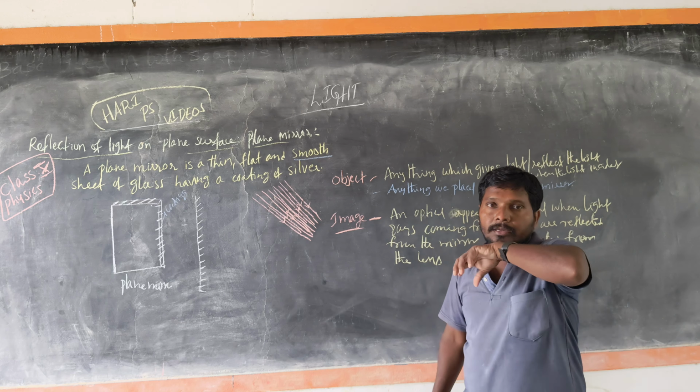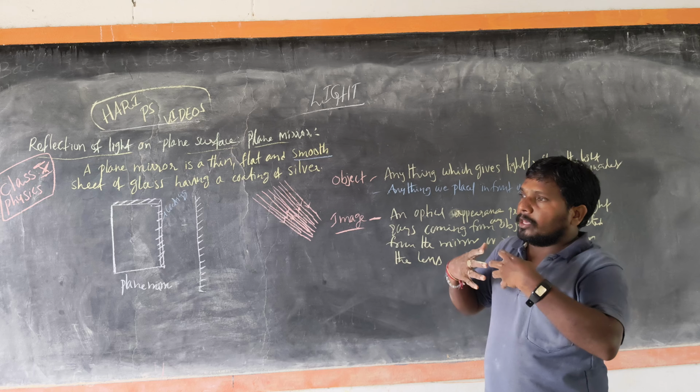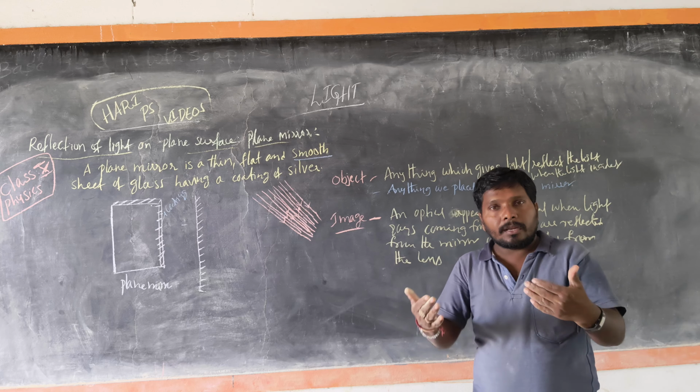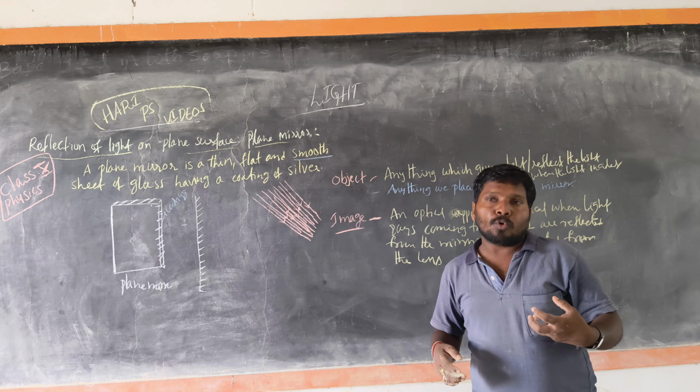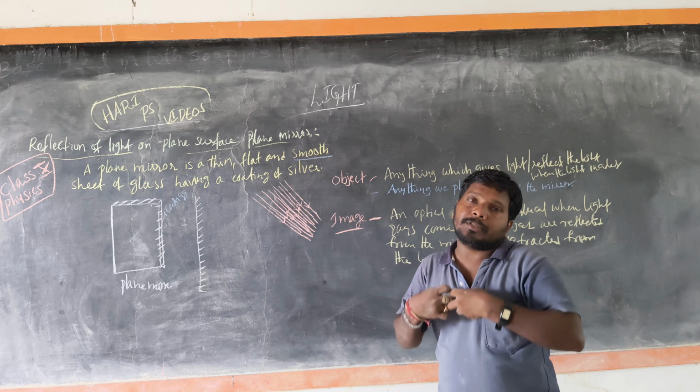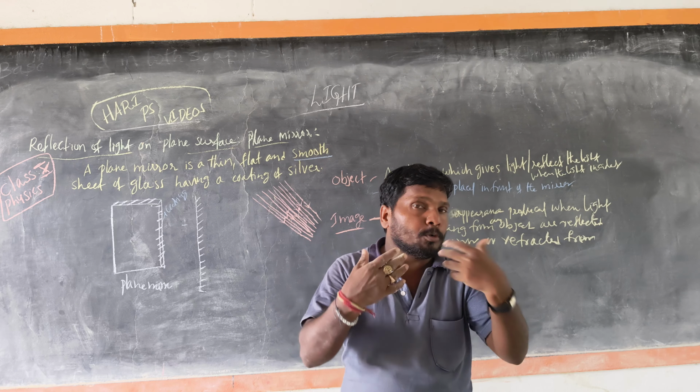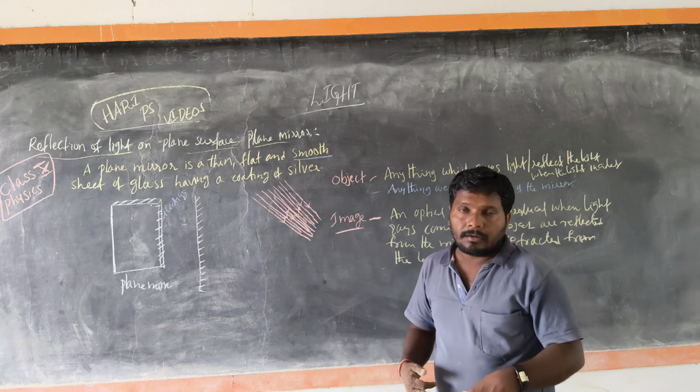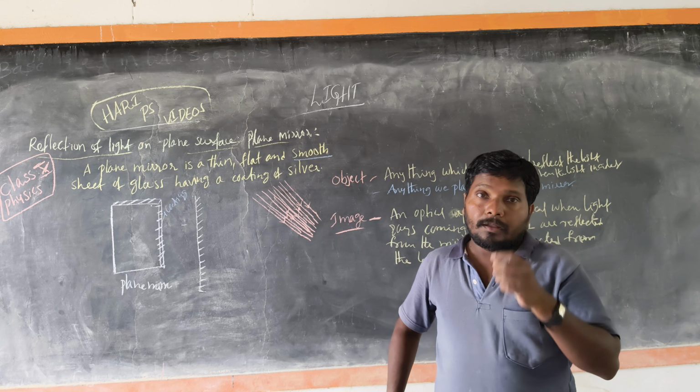How does this appear? When we look into the mirror, we are in front of the mirror, so we act as an object. We cannot produce light, but we can give light. How?